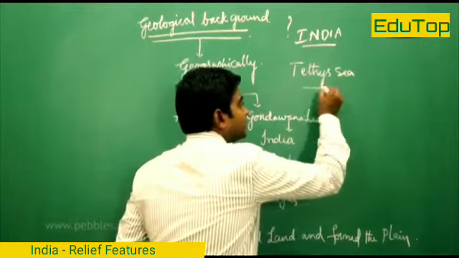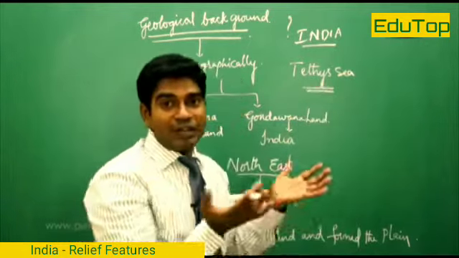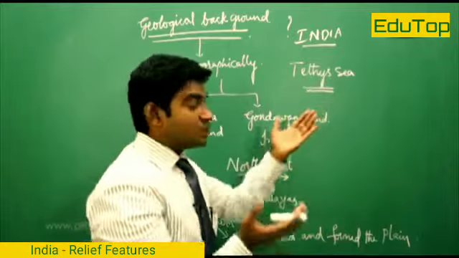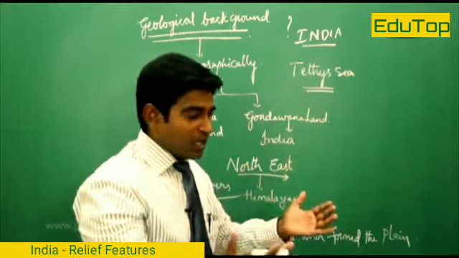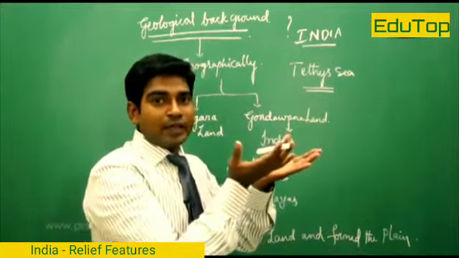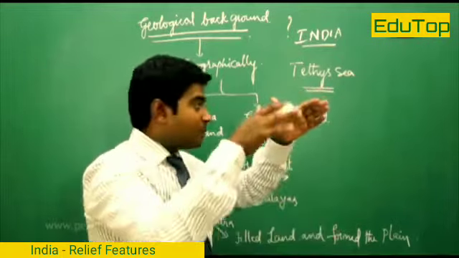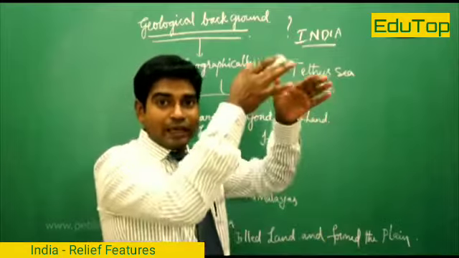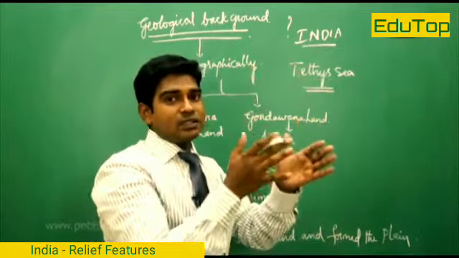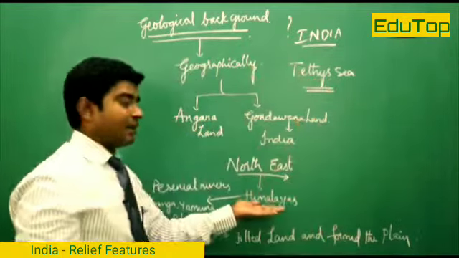This Tethys Sea got buckled up for millions of years, and as a result of these buckling and compressing forces, the sea which was at a lower level moved up and got buckled up, and because it moved to a higher elevation, it froze and formed the present-day Himalayas.